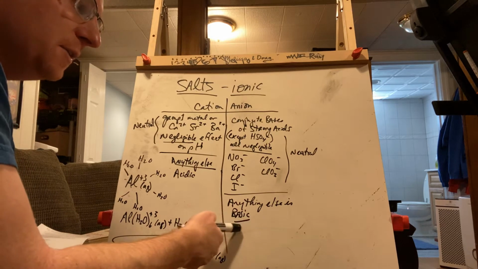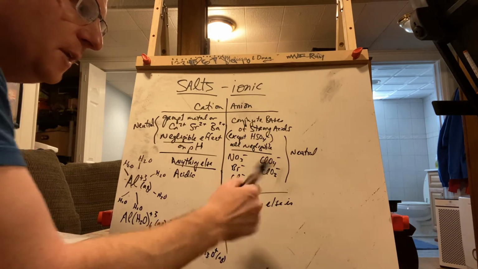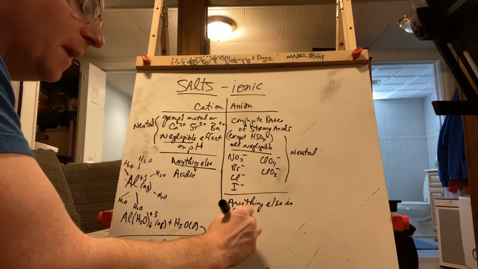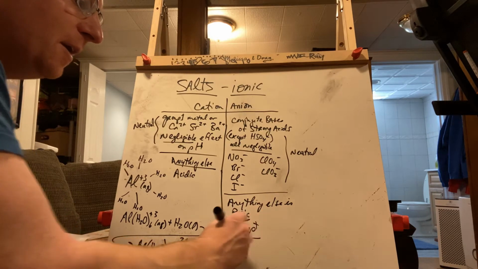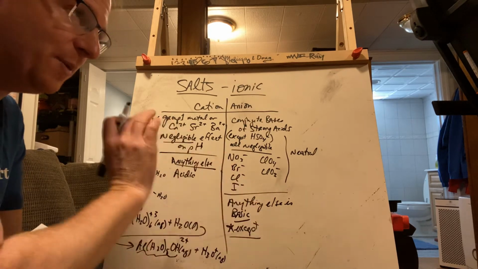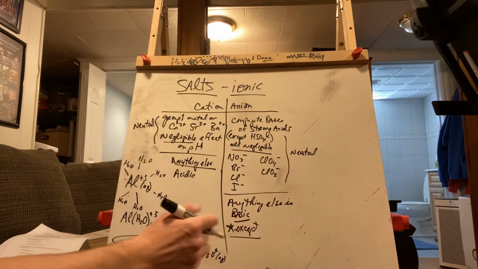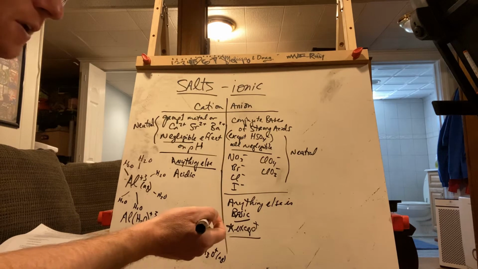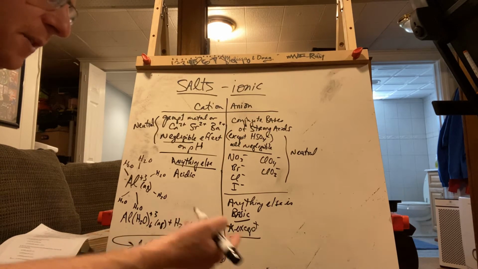So anything else is considered basic if it's not one of these things, except, now, there's a couple of, I'm not going to do it right now this year, maybe later on in the year I'll show you this, but the math behind this is a little too complicated to explain in a short video.